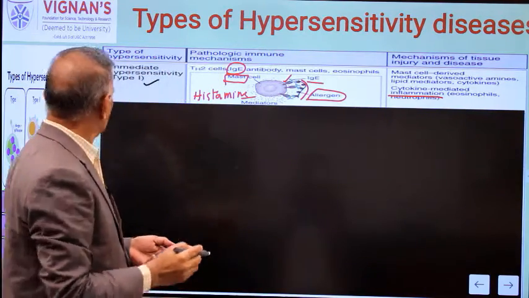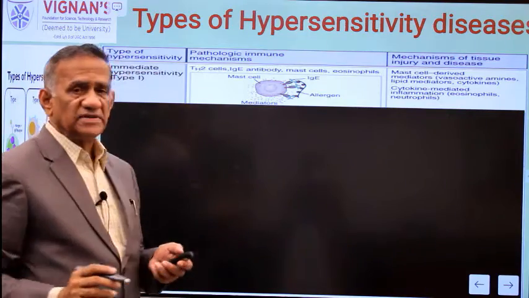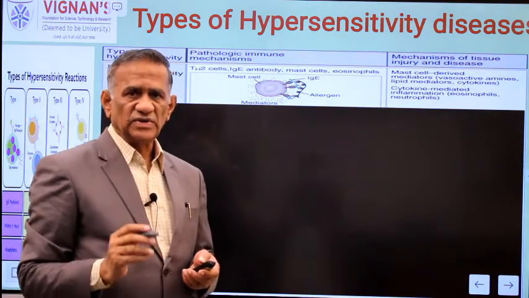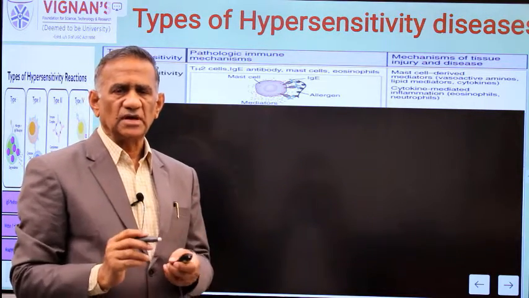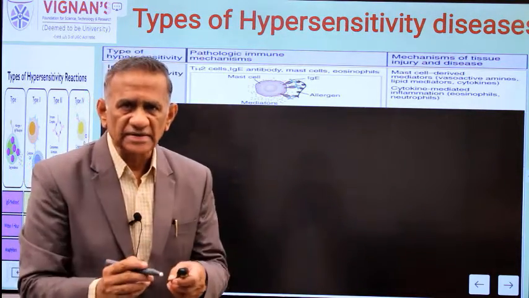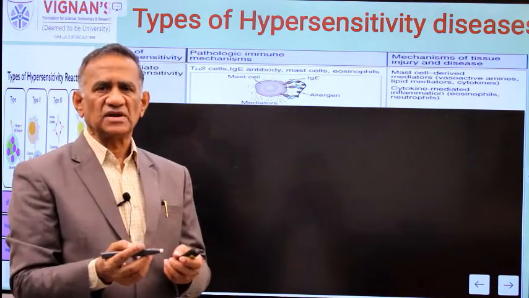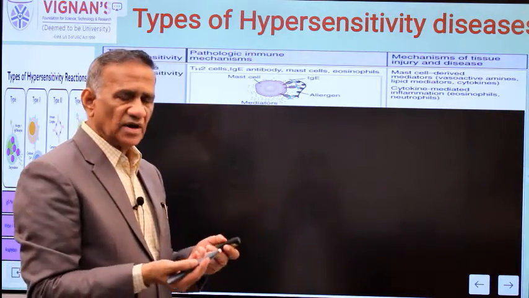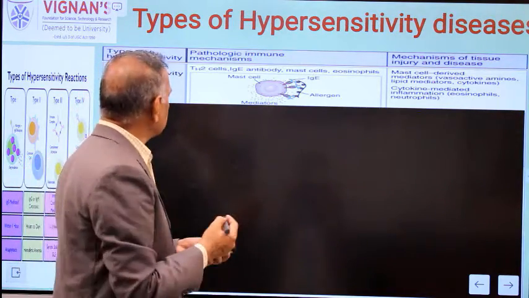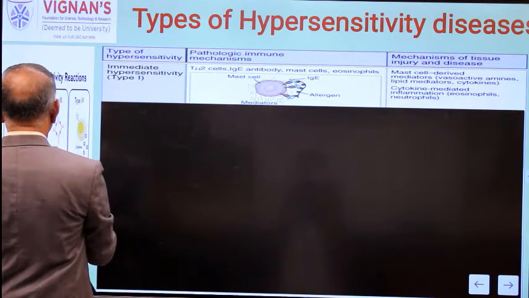That's type 1 hypersensitivity, played by IgE in collaboration with mast cells by cross-linking to IgE epsilon receptors. As a result, histamine is released and causes vasodilation.